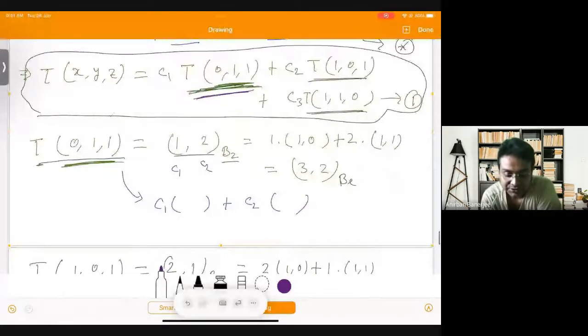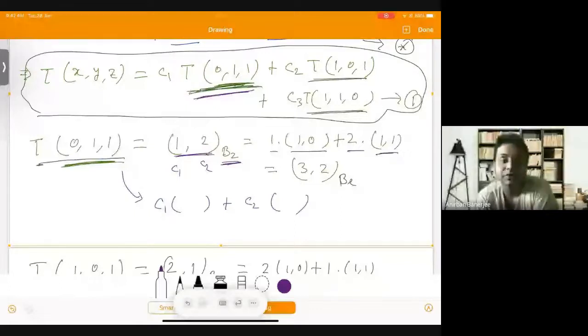As we know, if the coordinate with respect to B2 is (1, 2), then from the definition of the coordinate system of a vector, this is 1 times the first vector of that basis, that is (1, 0), plus 2 times the second vector in that basis, right?